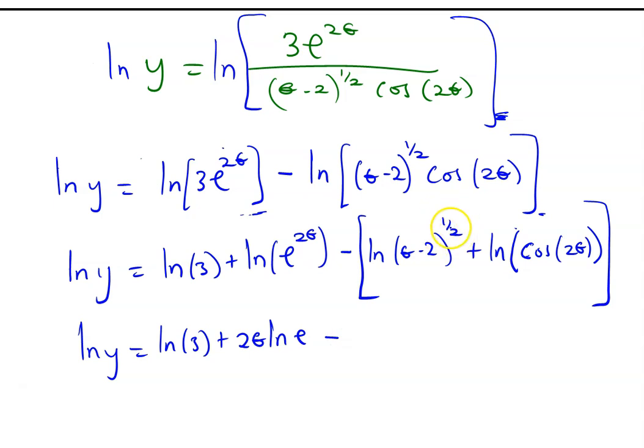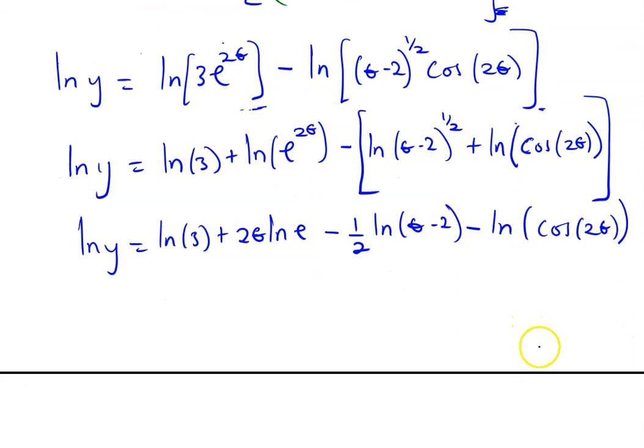Minus, this is half, right? So it's going to be half length of θ minus 2. Very good. Expand the bracket, so this negative will affect the positive here. It's going to be minus length into bracket cos 2θ. Very good.